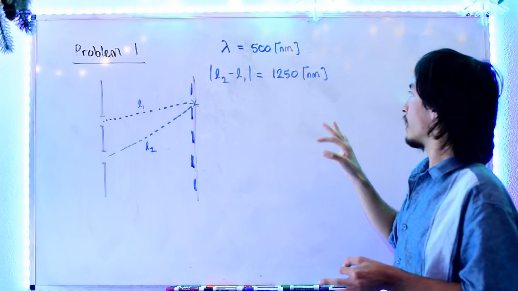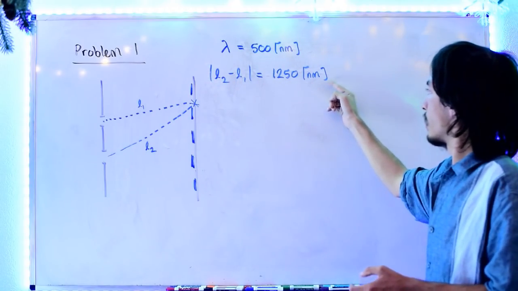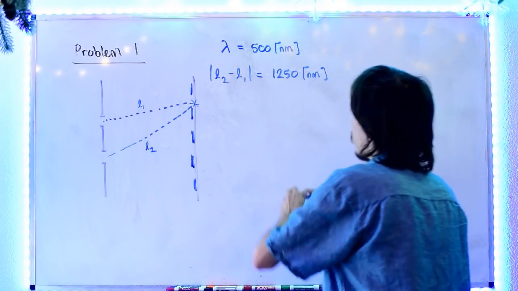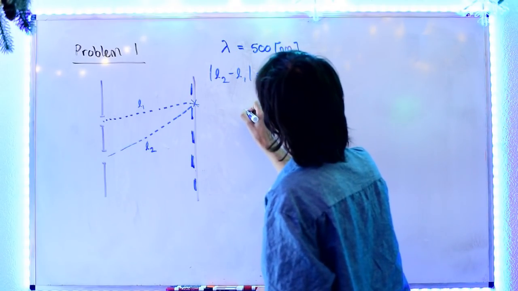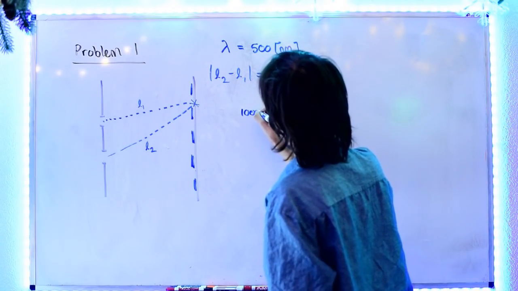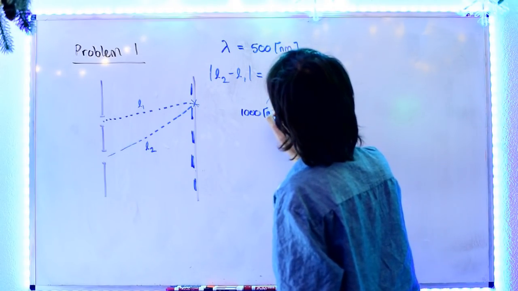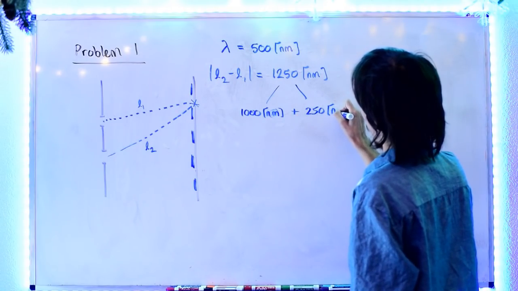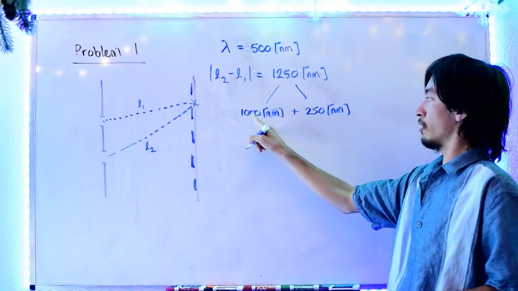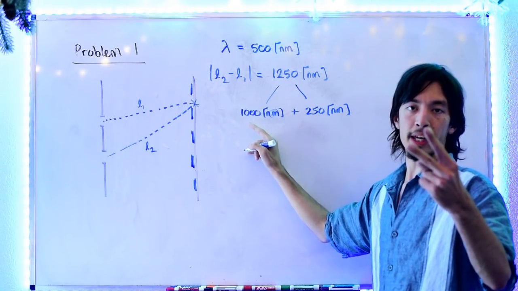So what I'm saying in here is that if we have this extra distance, it turns out that 1250 is really 1,000 nanometers plus an additional 250 nanometers. The 1,000 nanometers is two whole wavelengths.